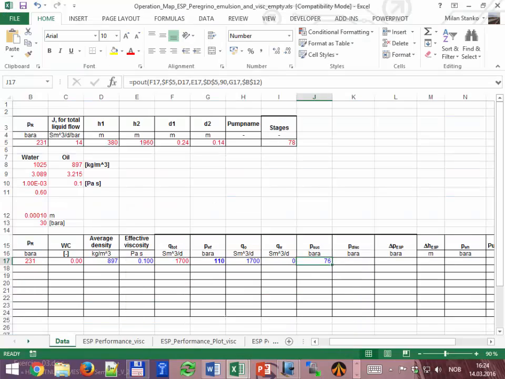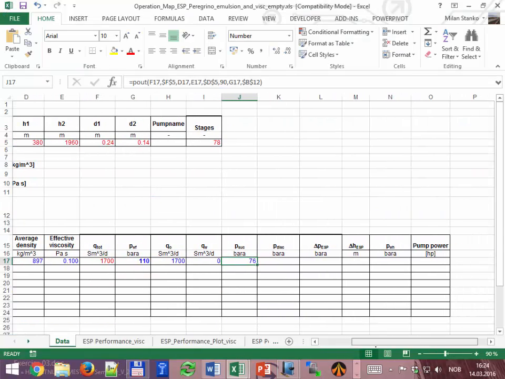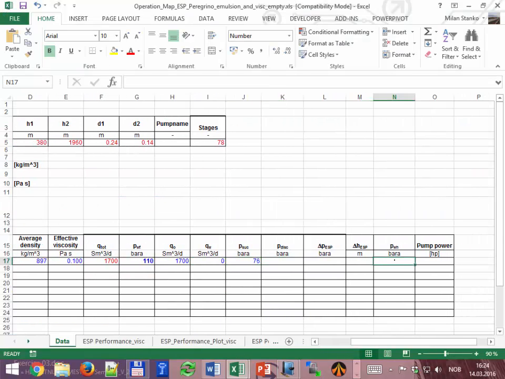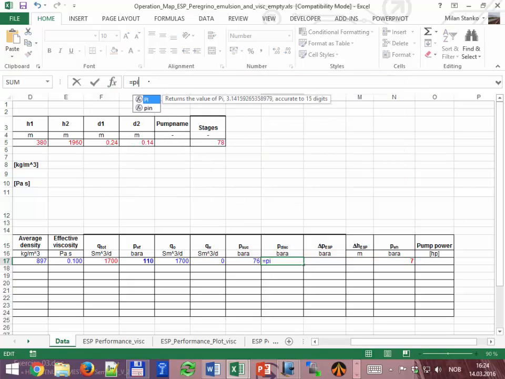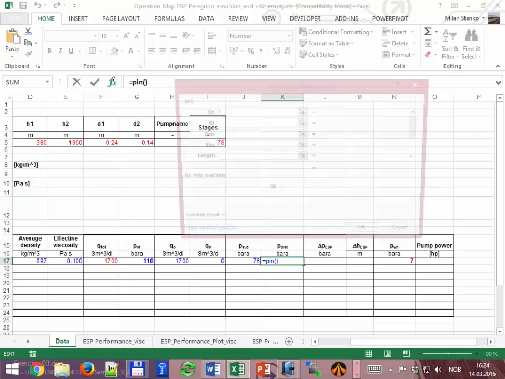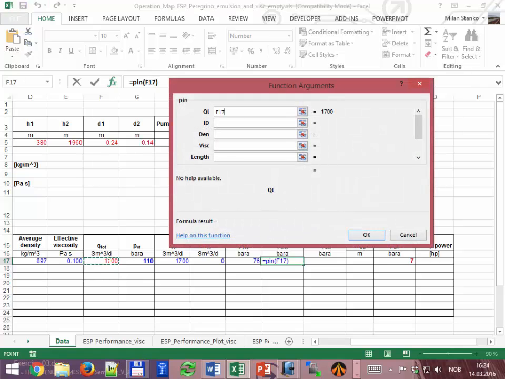Okay, so we are going now to do back calculation, and where do we have the wellhead here? 7 bar, that's given, and then I want to calculate the P at the discharge, and that, if we use the same logic, should be P in. I have to put parentheses, P in, and this pressure, I have the rate that I don't have to block. The internal diameter is D2, that one I have to block.